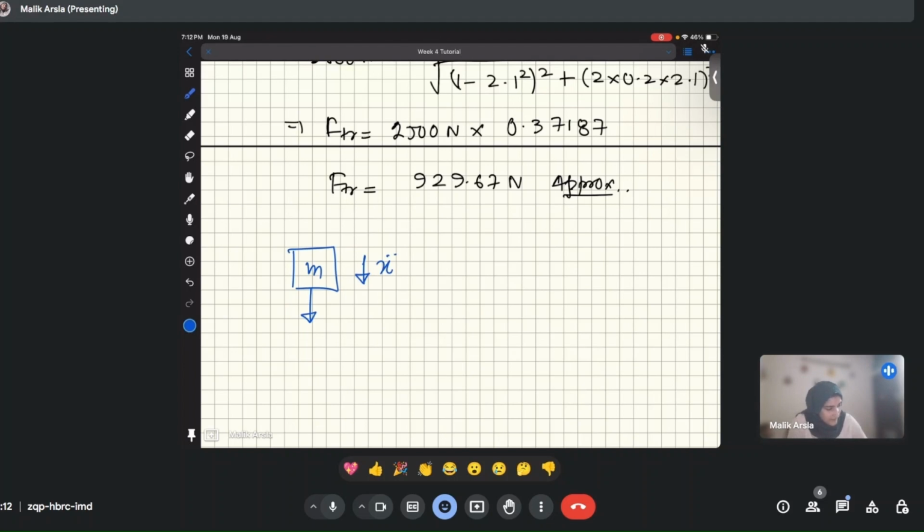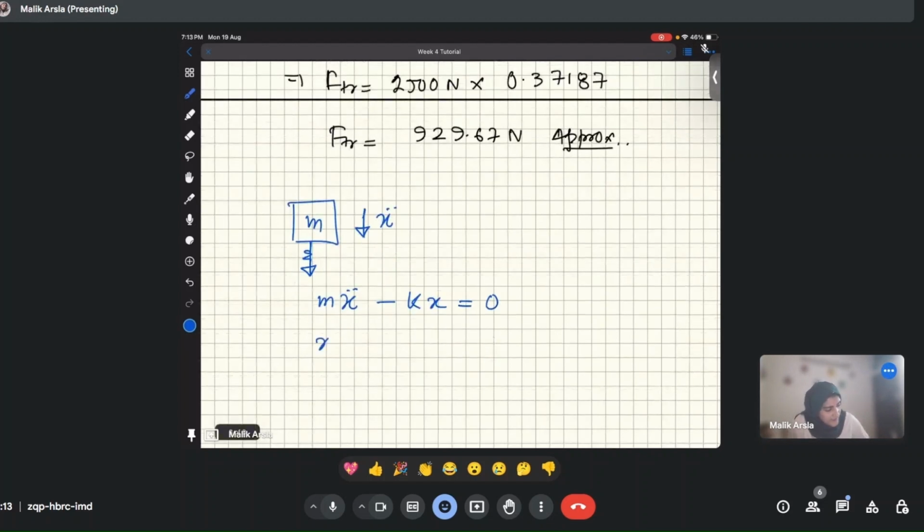Then when we write the governing equation, this is the spring, so we write m x double dot minus, it is going in this direction, then the spring force will be opposite, so it will be kx, is equal to 0, right? Something like this. Then we can write m x double dot upon, k by m x is equal to 0, right?